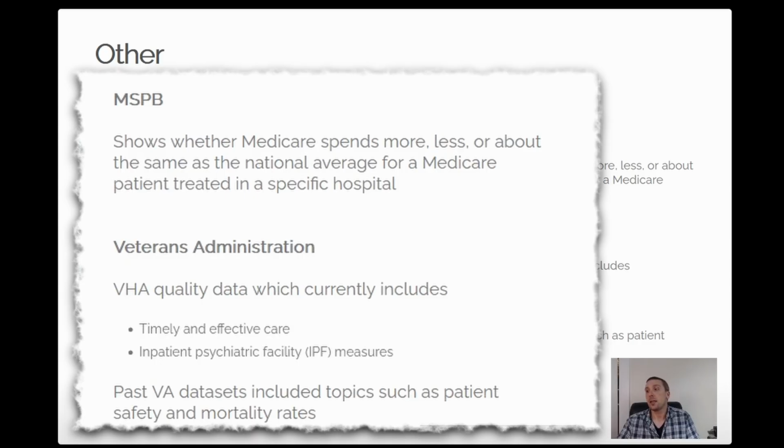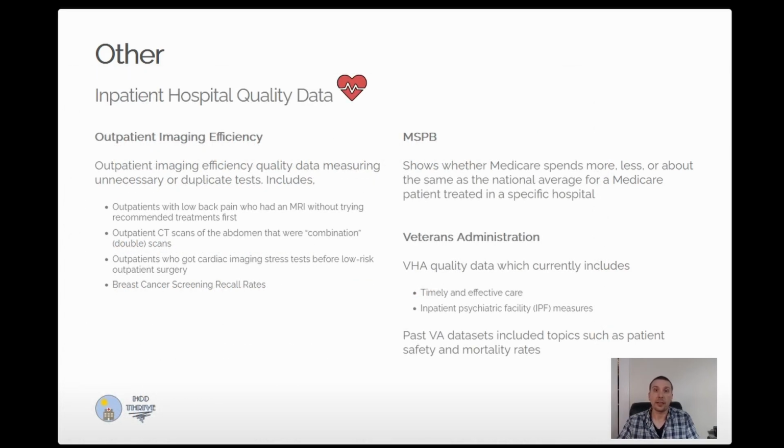And currently, timely and effective care and inpatient psychiatric facility measures are what is offered by CMS. In the past, there used to be others. There were surveys, patient safety indicators, etc., but not anymore. However, in our aggregate data set, we do keep all those data sets together.